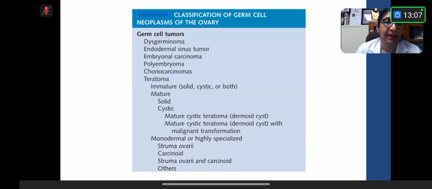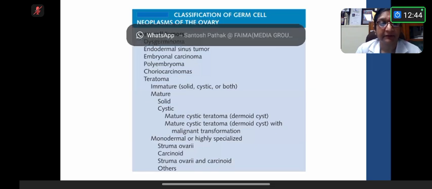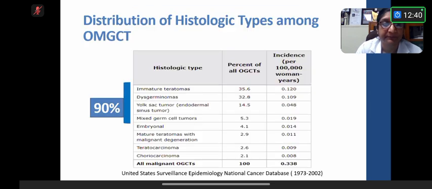We all know dysgerminomas, endodermal sinus tumors, which are now known as yolk sac tumors, embryonal carcinomas, polyembryomas, choriocarcinomas, and one of the most common, teratomas, which can either be solid, cystic, or very highly specialized, developing like a monodermal teratoma, as we see in struma ovarii or carcinoid tumors.